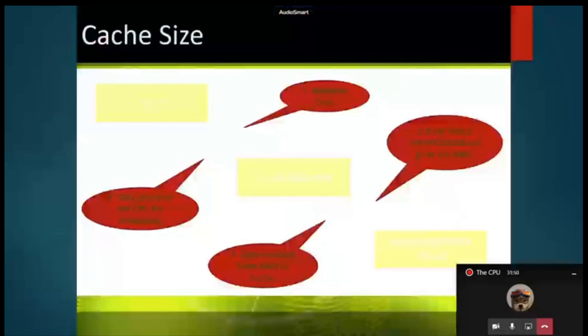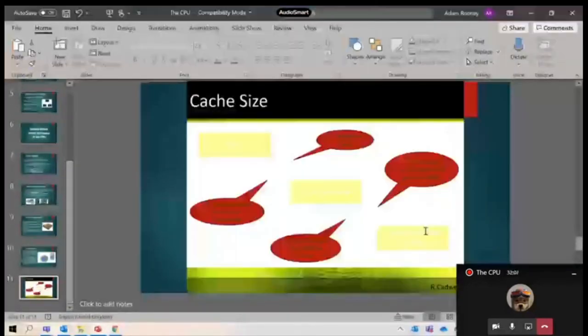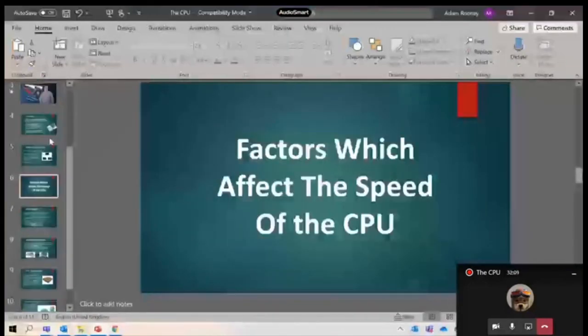Once it's gone to RAM, the data is then copied from RAM to cache. So what will then happen is if we want to use this instruction again in the very near future, it is there for us. And then the data is then sent to the CPU, so then it can be processed. Okay. So that is basically the whole process of a CPU.